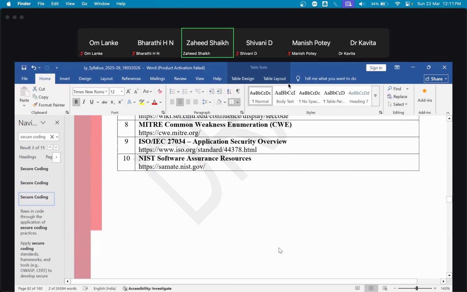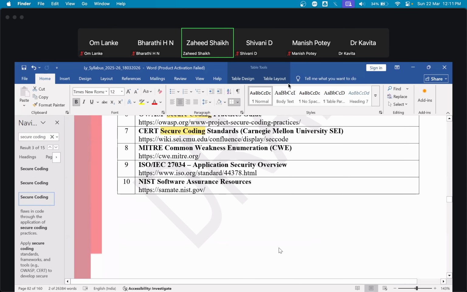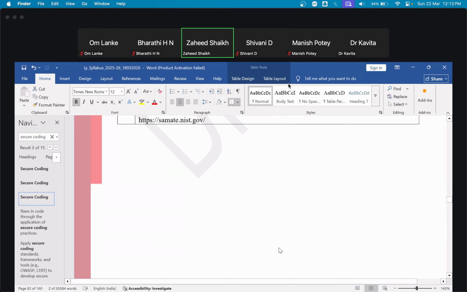Some of the frameworks you can see are the MITRE framework, and NIST software assurance resources can be seen over here. These are some help files which may help you to inculcate secure coding practices in your day-to-day programming.